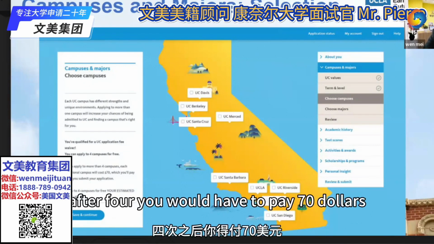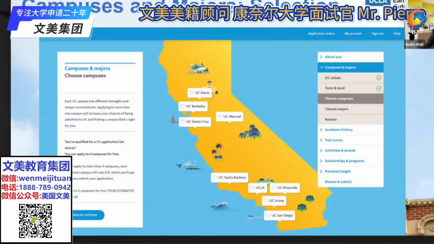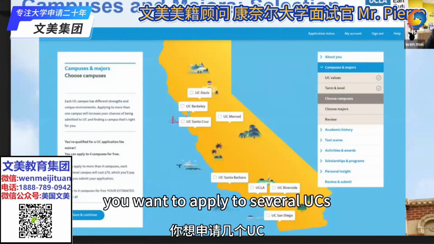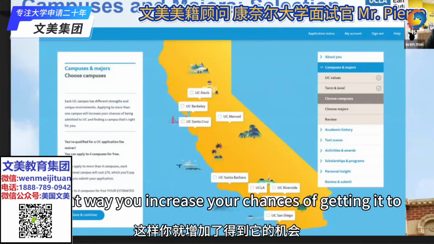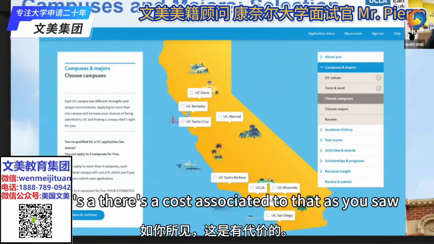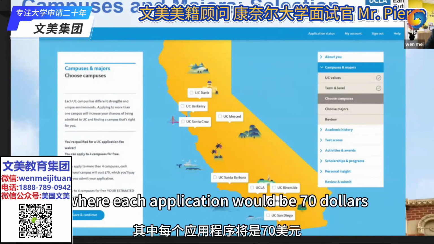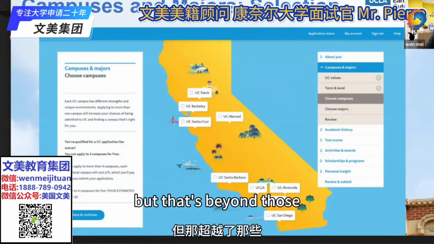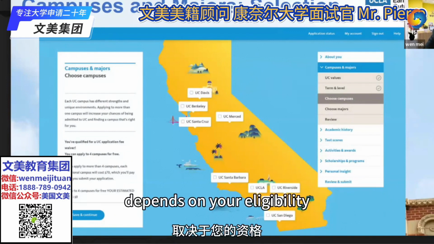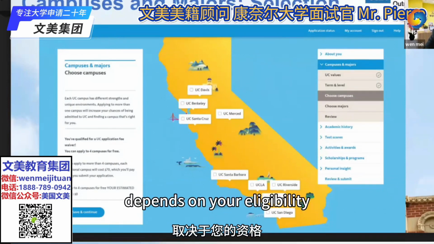And then it says that after 4, you would have to pay $70 for each additional application. In general, when it comes to admission strategy, you want to apply to several UCs. That way you increase your chances of getting into a UC, as opposed to just putting everything on one UC. Of course, there's a cost associated with that, as you saw, where each application would be $70. But that's beyond those that they give you an application fee waiver for, which of course depends on your eligibility.